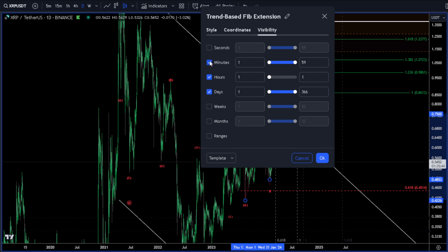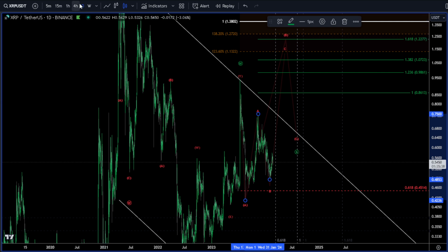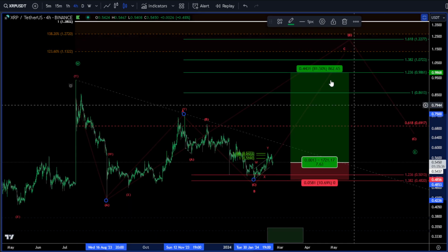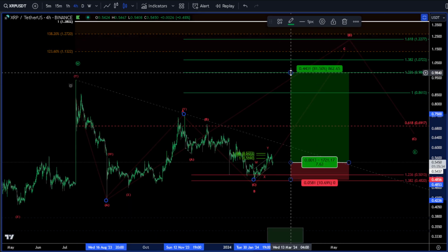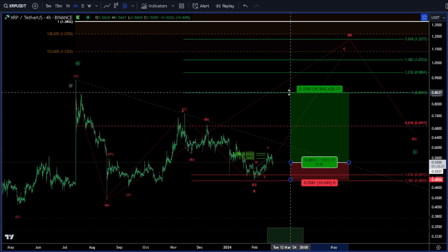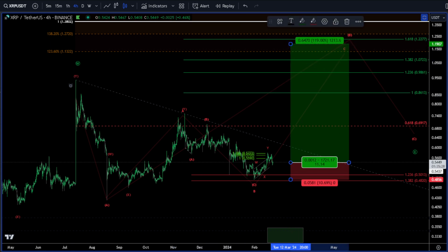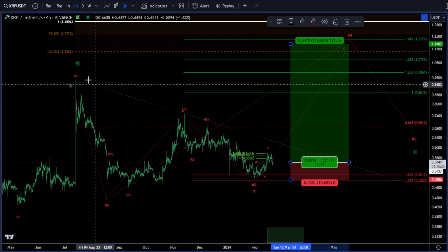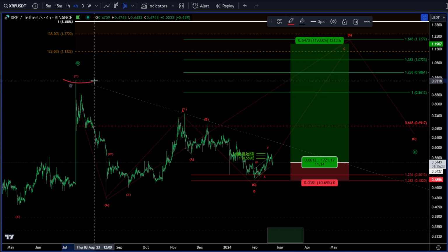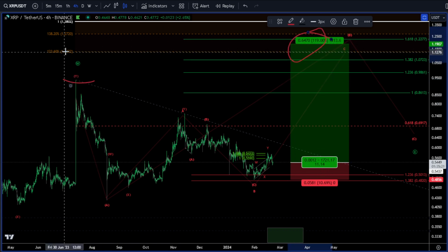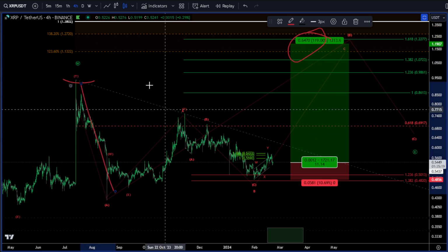Can't see it on the lower time frames. There we go. First targeting that one-to-one at around 86, and I'll move my stops from there. But I would like it to become a running flat. It would be more bullish, which means we make a higher high above this W, between that 1.236 and 1.382 extension of this wave to the downside.